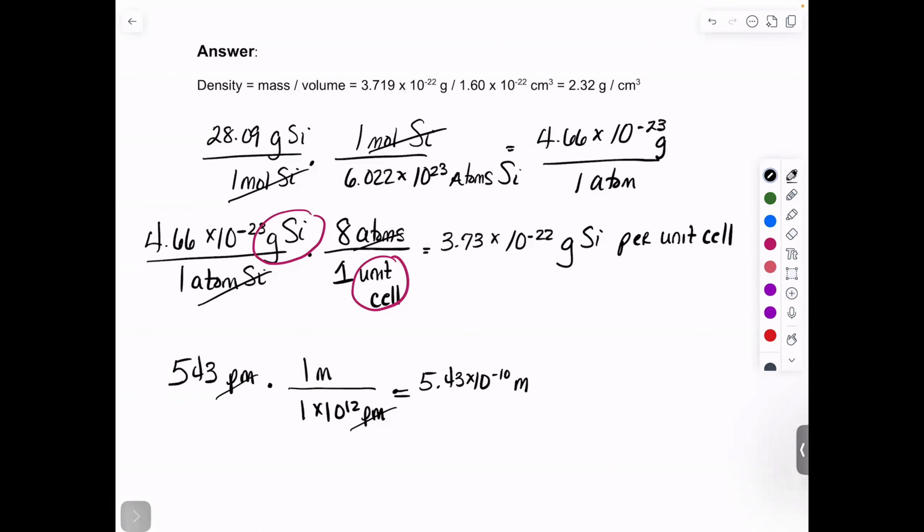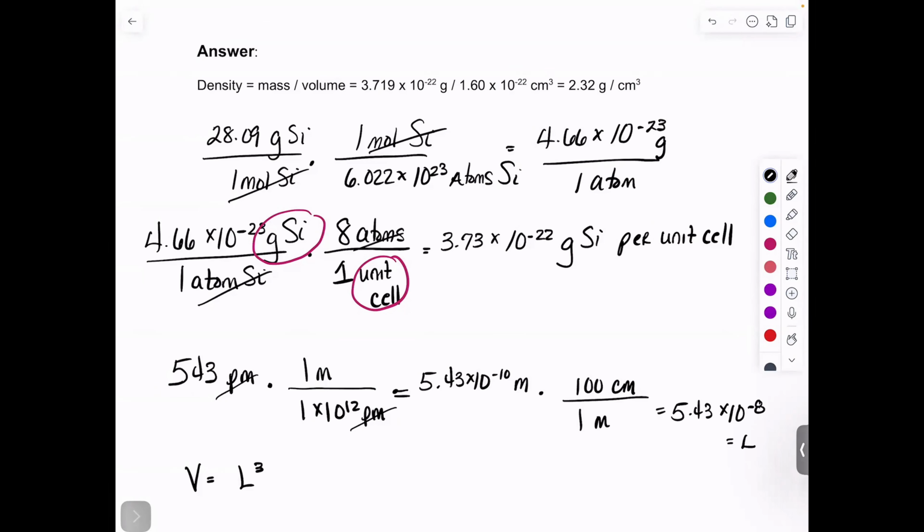But I need this in centimeters. I know 1 meter has 100 smaller centimeters, so times it by 100, I'll have the right units here. So 5.43 times 10 to the negative 8. Ultimately, that's our side length. And we know volume is just length times width times height, but they're all the same.